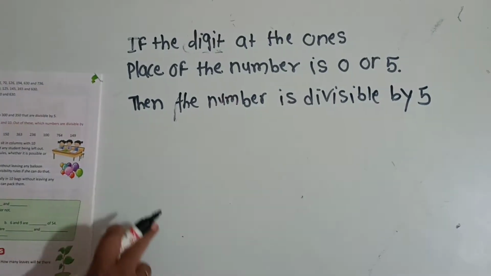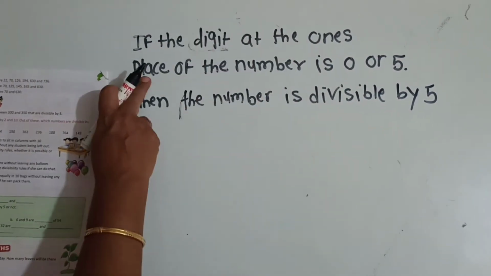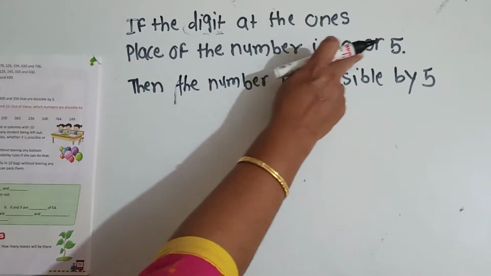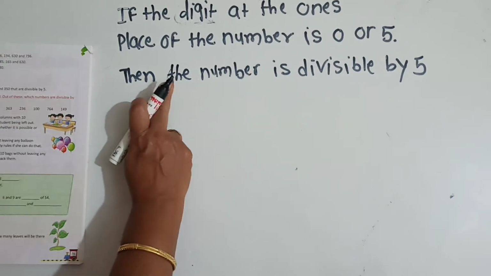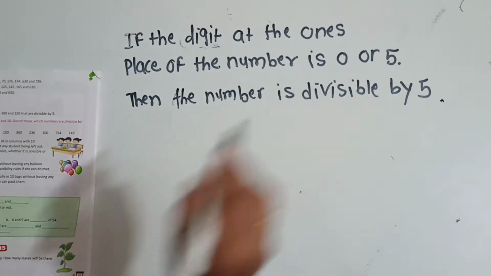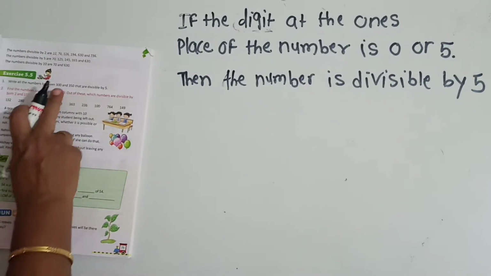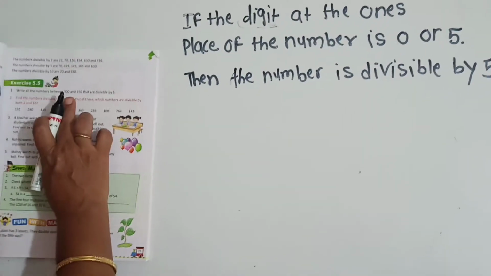Okay, if the digit at the ones place of the number is 0 or 5, then the number is divisible by 5. Now we have to find out the numbers between 300 and 350.